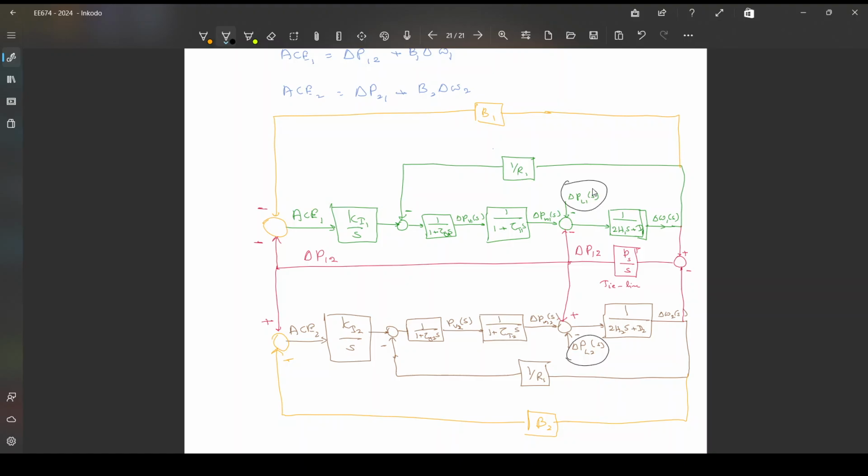You can also change the loads in different manners, like a stepwise change or a slow change, and see how the system will react in both areas.